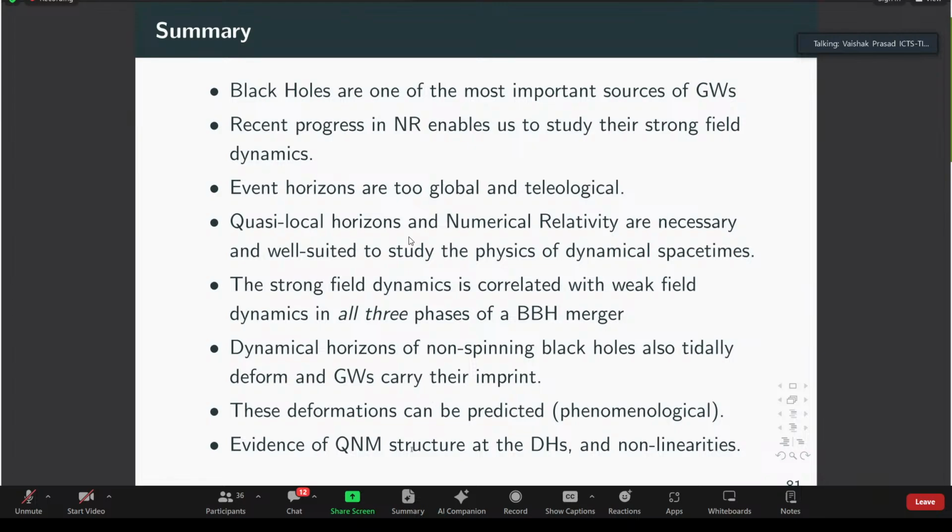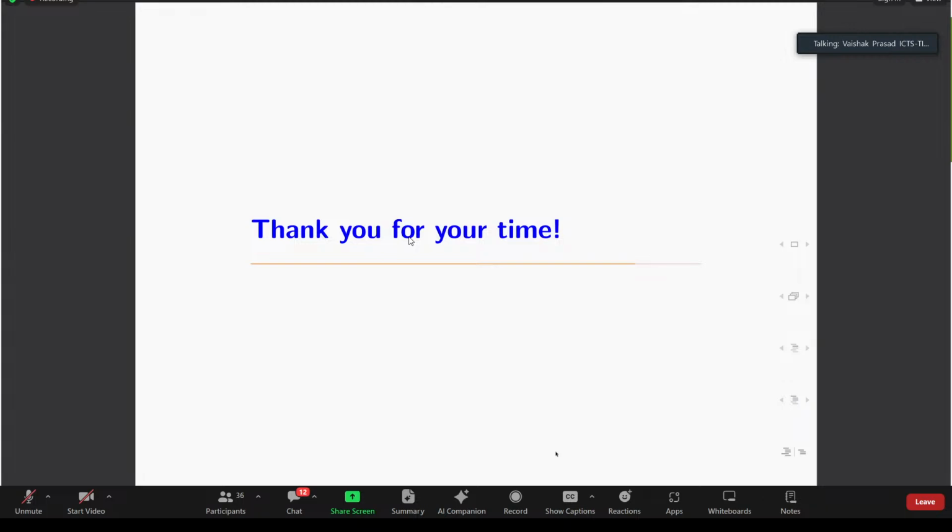Finally, there is also evidence of quasi-normal structure at the dynamical horizons, even though they may be in a highly deformed state where we would not normally think of applying linear perturbation theory. And there have also been evidences of non-linearities that have been found. So I'll stop here. Thank you.